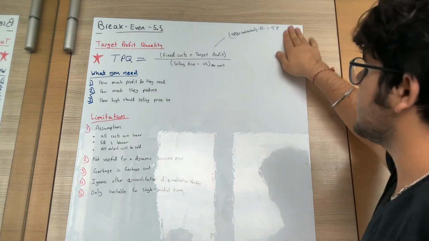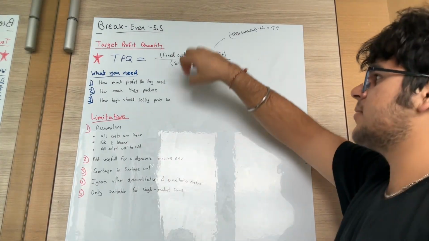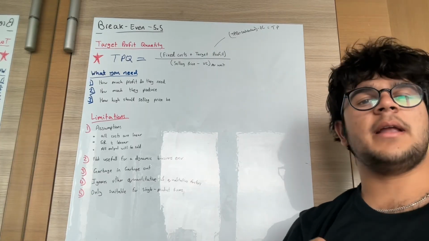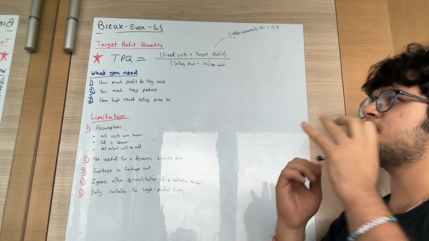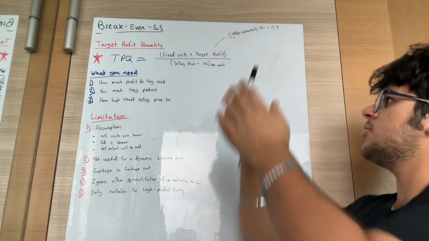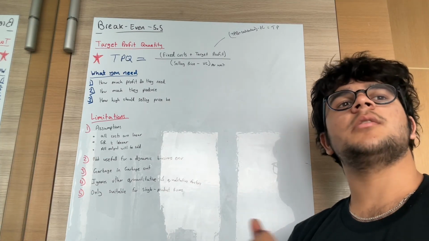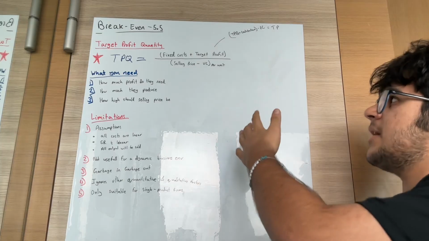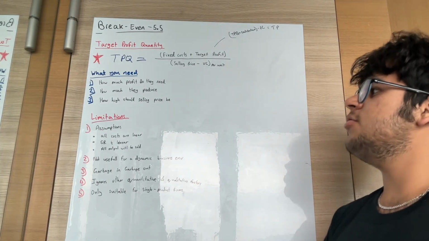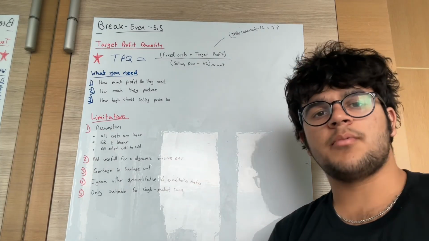So when you look at this equation, what do you actually need to find this? First of all, you need to find out how much profit they're looking for. That is your target profit. You need to know how much they produce, okay? Because you need to find out their variable costs. And you also need to understand how high the selling price should be.